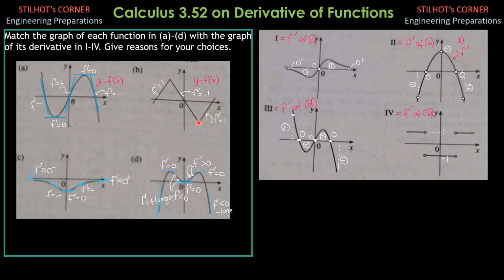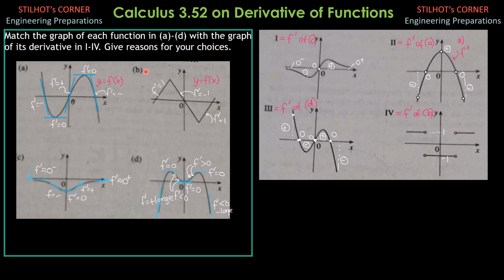Then at this point, we have a point of discontinuity again because just to the left, f prime is -1, and just to the right, I approximated the slope to be +1. So that's a point of discontinuity. Then from this point up to the right, the slope is positive, f prime is constant at 1.